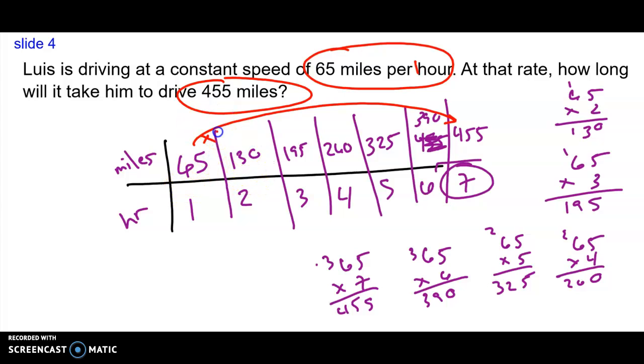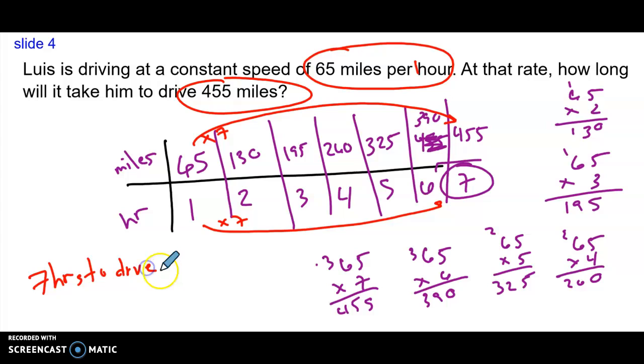And if you check, 65 times 7 gives me 455. So 1 times 7 gives me 7. So how long will it take him to drive 455 miles? It will take him 7 hours to drive 455 miles. All right, let's do slide 5.